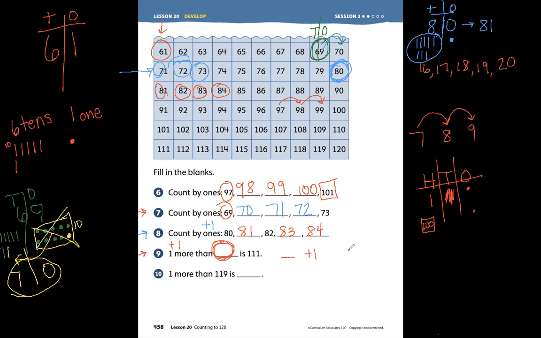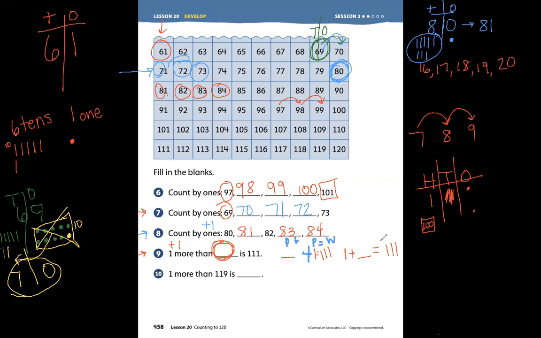Or I could write 1 plus blank equals 111. So I know, let me see here. And I'm going to grab a heavier tool. Okay, I know that I have a plus symbol right here, right? That plus symbol tells me that this is a part and 1 is a part and my whole is 111, right?